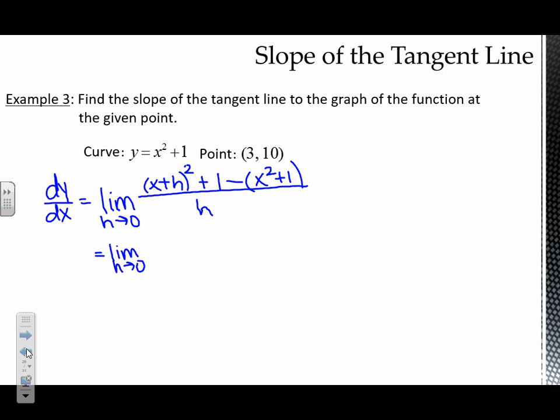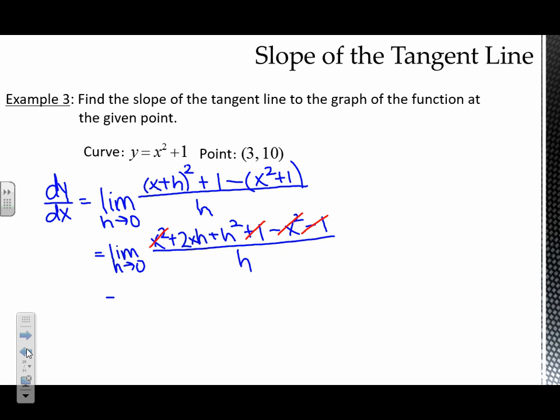Okay, (x plus h) quantity squared, plus 1, minus x squared, minus 1, all over h. We should get things to cancel at this point, correct? What cancels? x squared and 1.